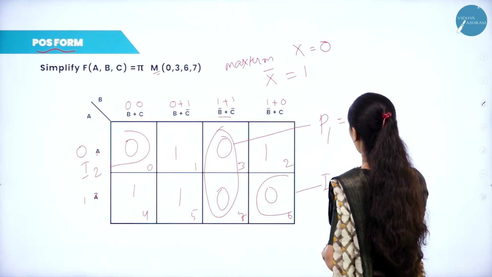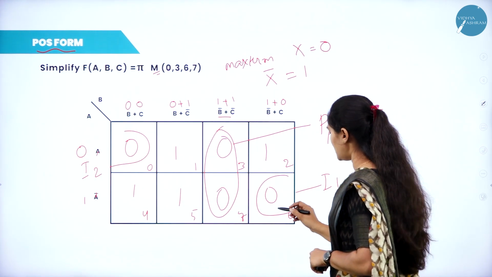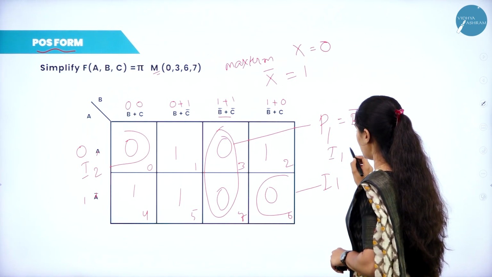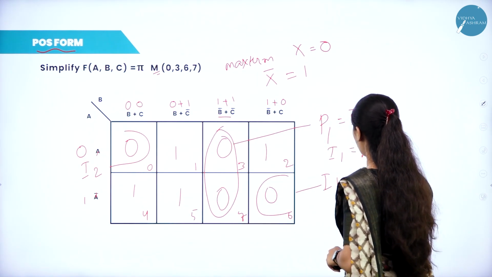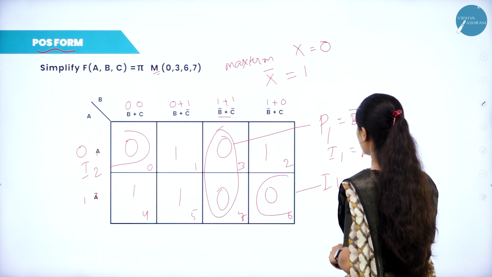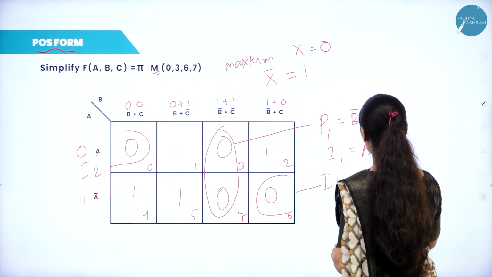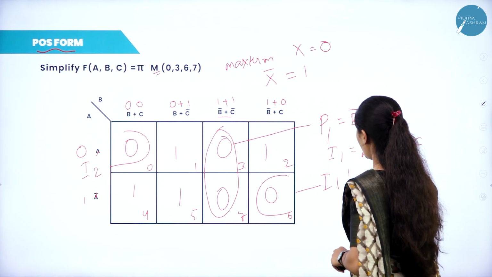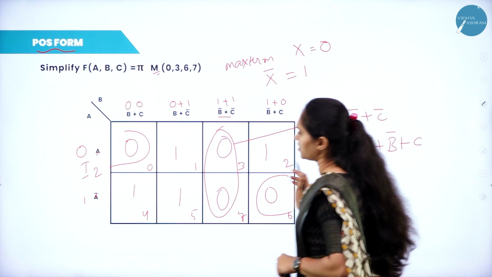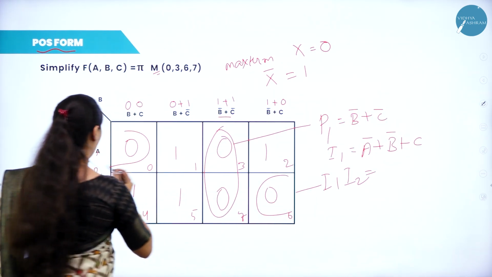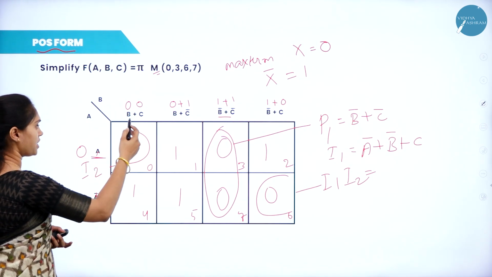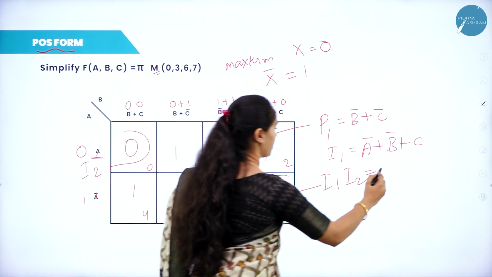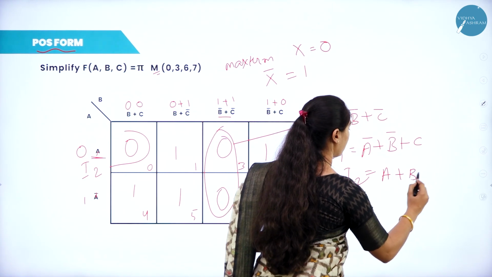So B bar plus C bar. Let me consider the identical value 1. There I have a row called A bar, so A bar, after that plus, which is the column here? B bar plus C. And if I consider identical value 0, another identical 2, the row common variable will be A and its column will be B plus C. So it will be A plus B plus C.